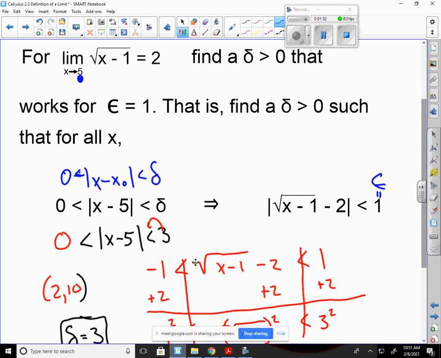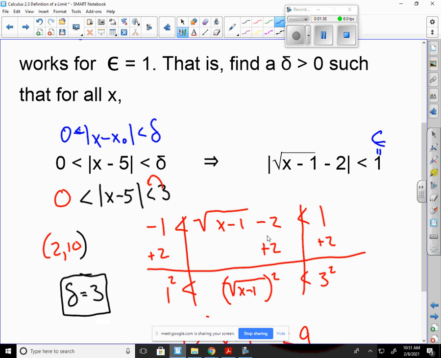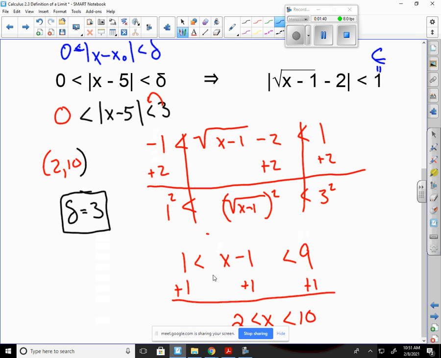So what we actually did was we went down through this problem for the epsilon, knowing that we were setting our epsilon equal to 1, and we solved it. We ended up with negative 1 is less than x minus 9 is less than 1. Add the 9 to all three to get x by itself. And we got x had to be between 8 and 10. So that's our interval.